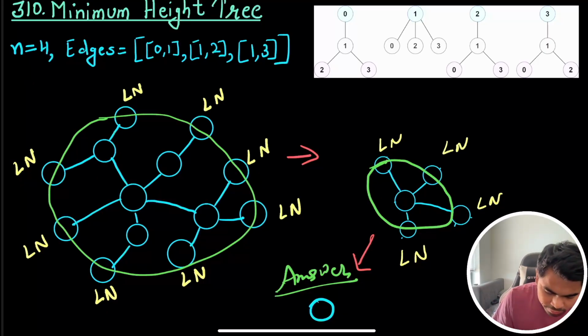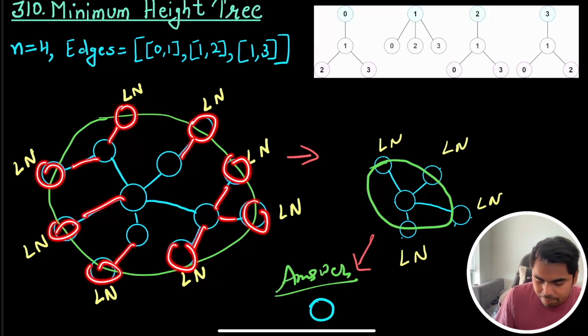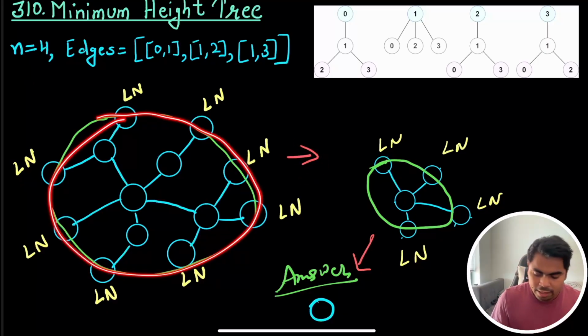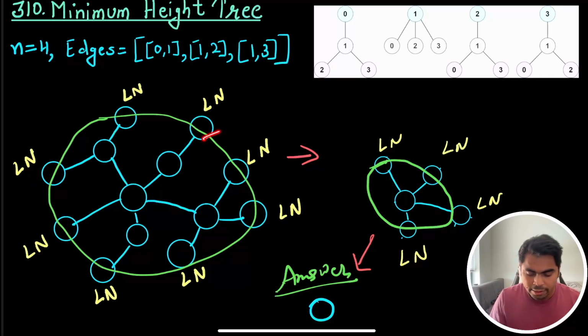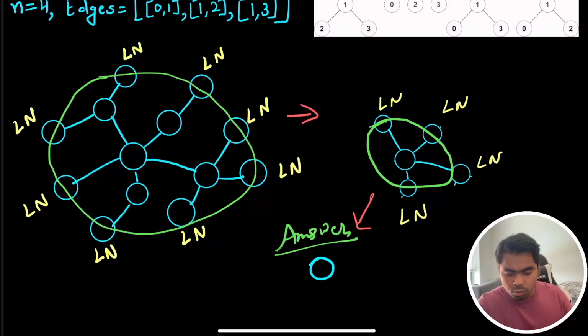All these leaf nodes only have one incoming edge. So that is why I will know what the leaf nodes are so that I can prune them. Then next time I visit, I will remove all of these, get rid of their in degrees, and remove them from my graph as well. And in the end, I will reach a situation where my graph either has one node or two nodes.